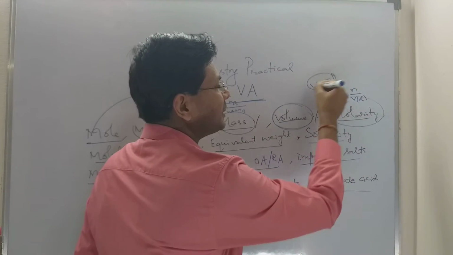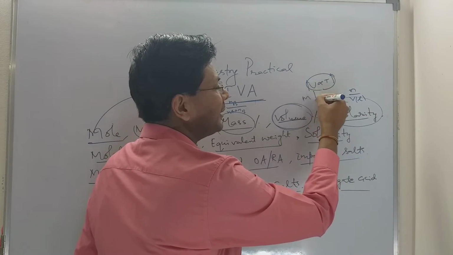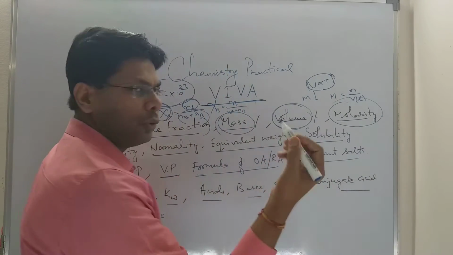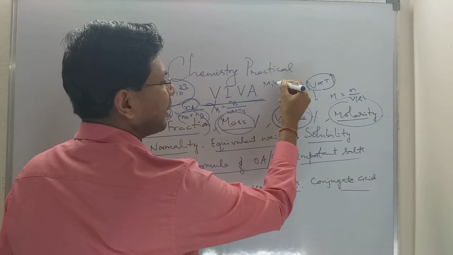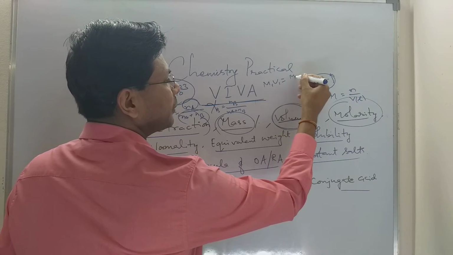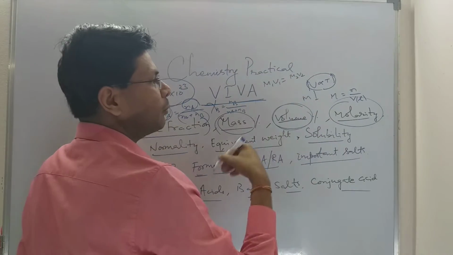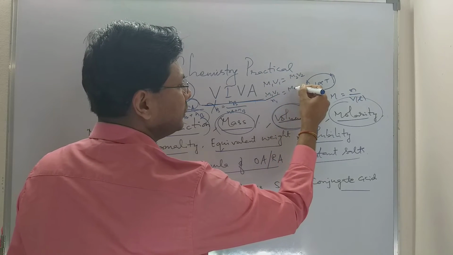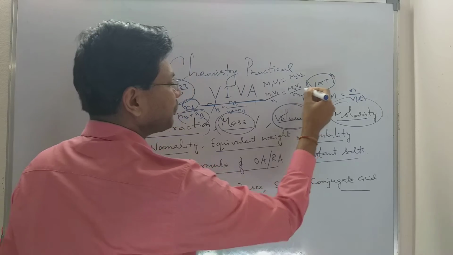Temperature increases, volume increases, so molarity decreases. So molarity is not a better unit to express concentration. You have to keep in mind some equations like the molarity equation M1V1 equal to M2V2, or if you use it in titration, then M1V1 upon N1 equal to M2V2 by N2.